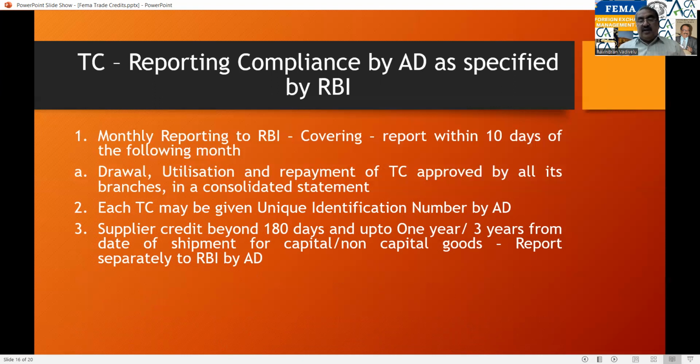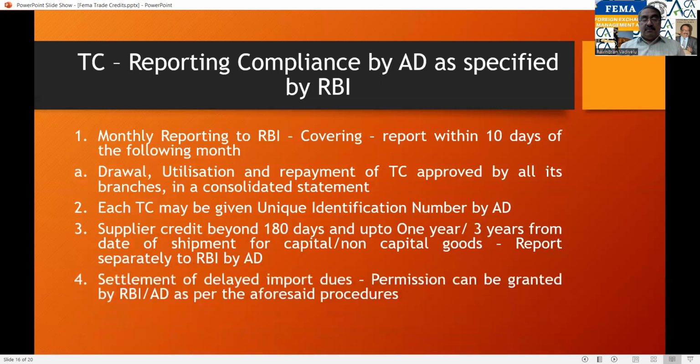Suppose it exceeds 180 days, up to 1 year or 3 years: 1 year is towards the non-capital goods and 3 years are towards the capital goods. This has to be taken from the date of shipment for capital and non-capital goods and reported by the authorized dealer to Reserve Bank of India in its monthly report.